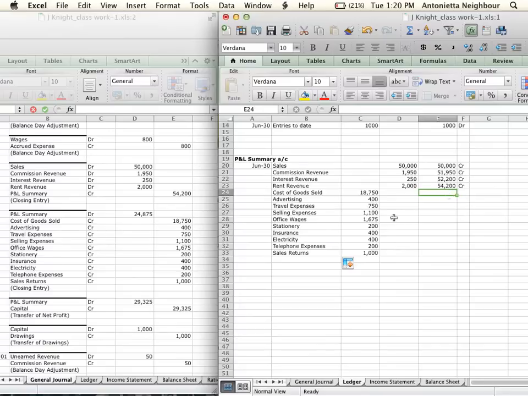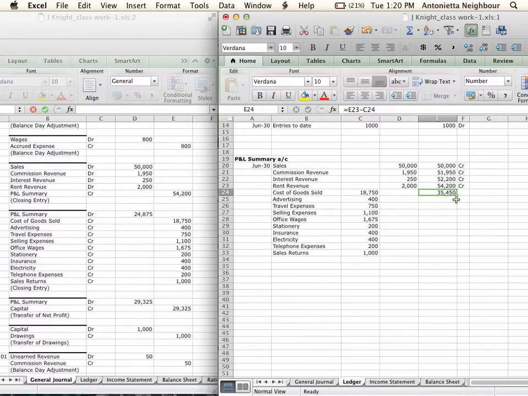And now let's update the balance. The balance is a credit balance in the account. I'm now debiting the account, so I want to decrease it. So that equals that balance minus 18,750. Oops, do that formula again. That minus that.